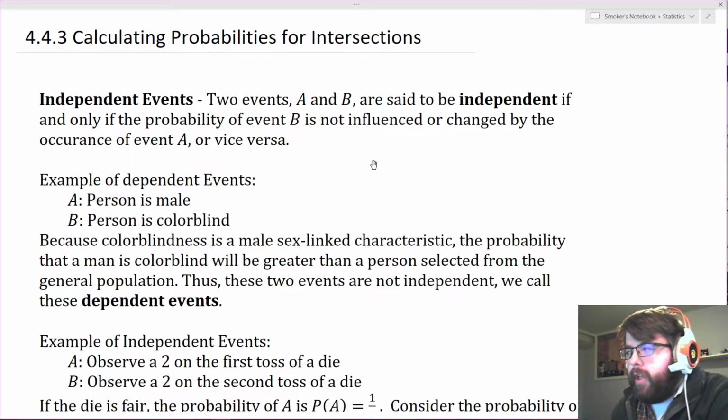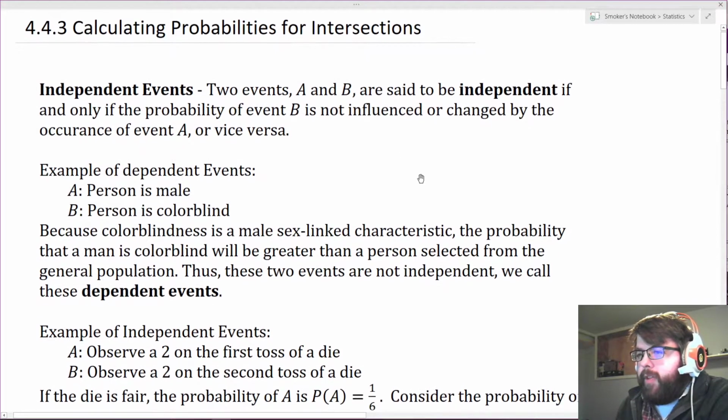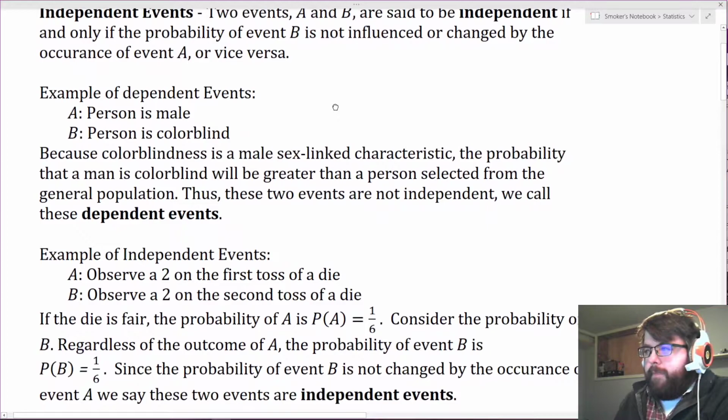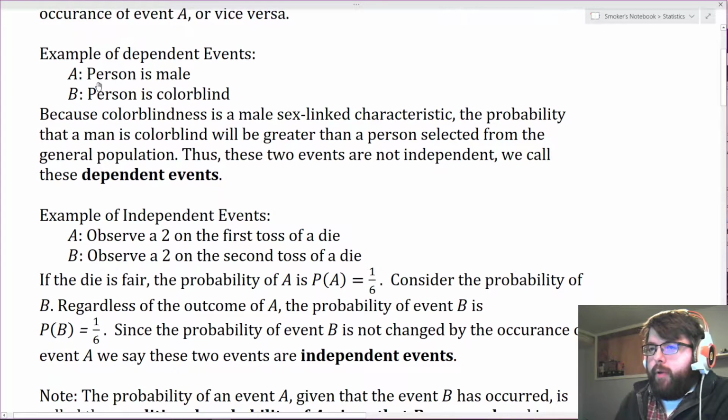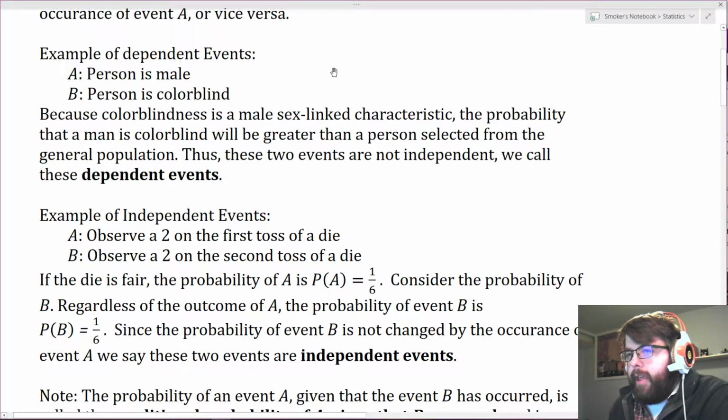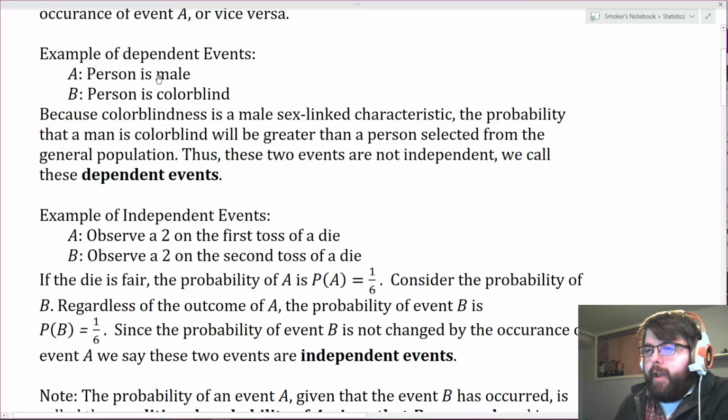A lot of times when we're doing experiments, the outcomes will be dependent on each other. An example here in the notes is a person being colorblind and a person being male. Because it's much more common for a male to be colorblind, the person being male has an effect on whether or not they're colorblind.